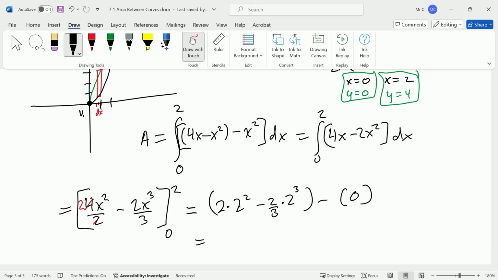So this is 2 times 4, which is 8, minus 2 cubed is 8, times 2 is 16, so this is minus 16/3. And 8 is 24/3, so 24/3 minus 16/3 is 8/3. And that's it.